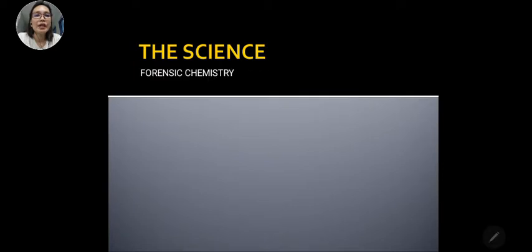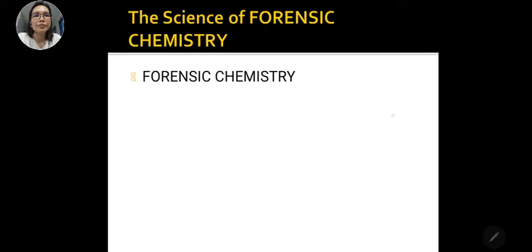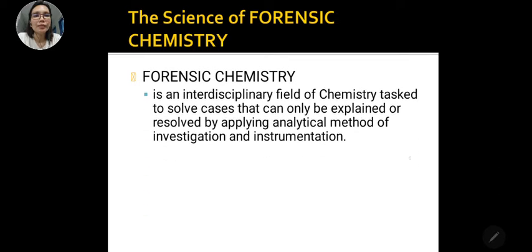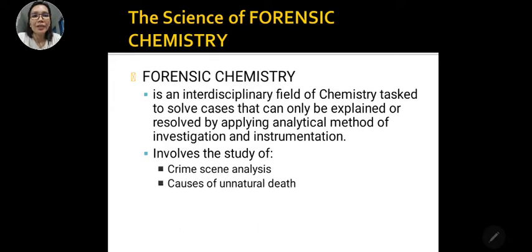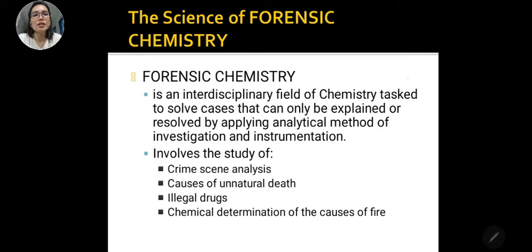So, the science of forensic chemistry. This involves the study of crime analysis, the causes of a natural death, which cannot be explained just by looking plainly at our victims, illegal drugs, chemical determination of the causes of fire.